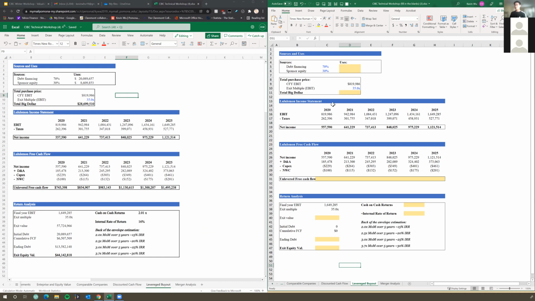How much debt am I putting down? How much equity? So I get my sources, I get my uses, and then I can evaluate, well, here are my sources and uses. How much is the company going to cost in total? And now that my uses equals my sources, so I can actually purchase the company, does this decision make sense? And so how do I evaluate that? Well, I take a look ultimately at its unlevered free cash flow.